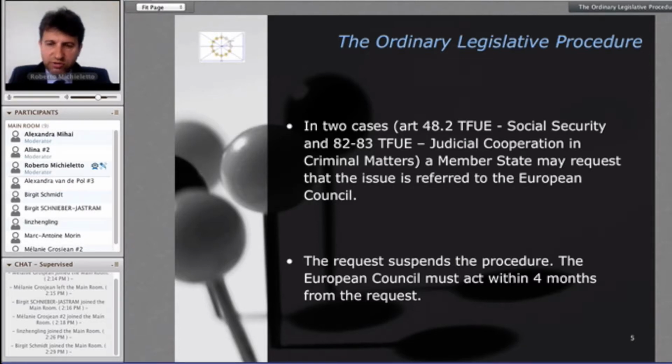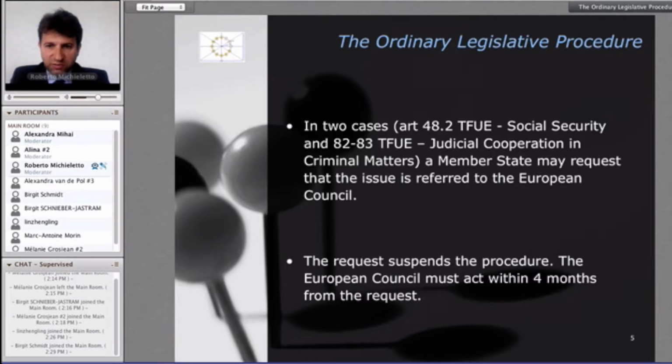In 2 cases, which are social security and judicial cooperation, a member state has the possibility to request that the issue be referred to the European Council. So sometimes it's not only the proposal from member states, but we also need the opinion of the European Council, which, as you know, is not the Council of the European Union. It is just the Council of Prime Ministers.